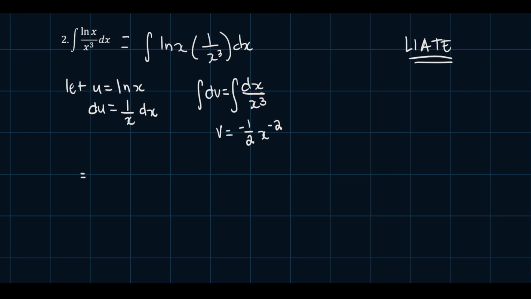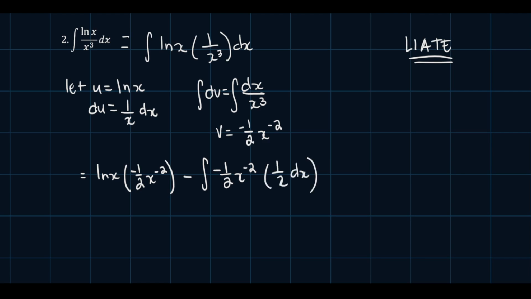Okay, so we have uv, so ln x times negative 1/2 x raised to negative 2 minus integral ng v du. Okay, then simplify. This would be negative ln x, sulat ko lang in this way, over 2x squared.